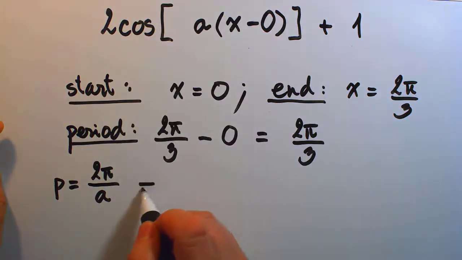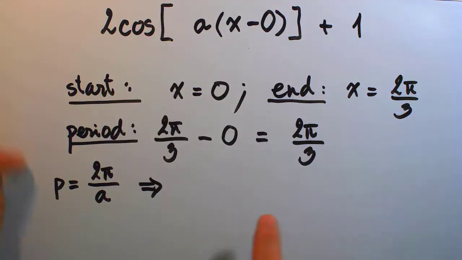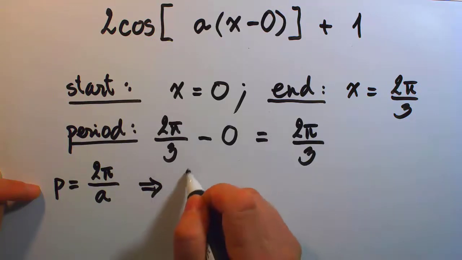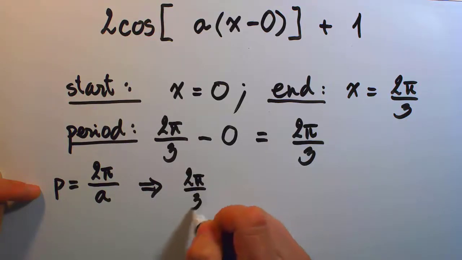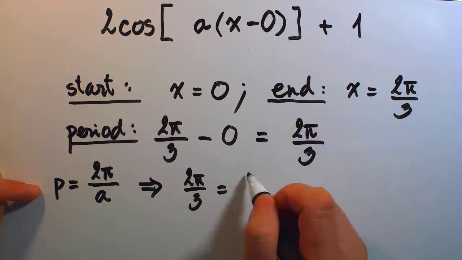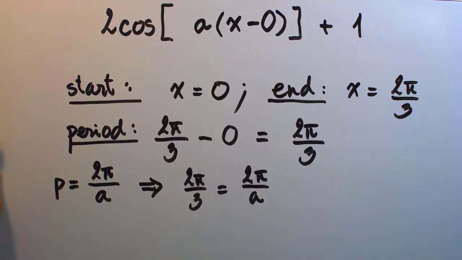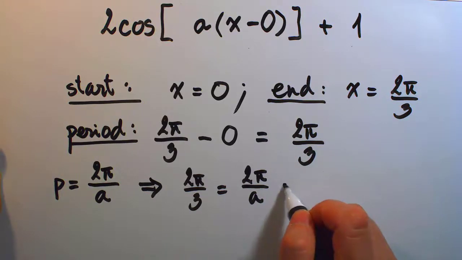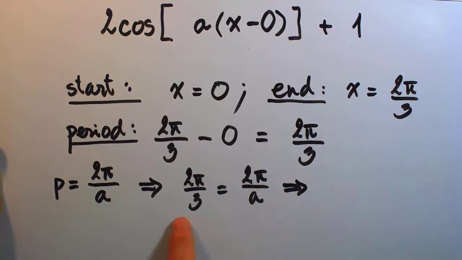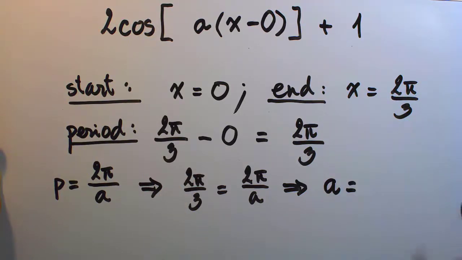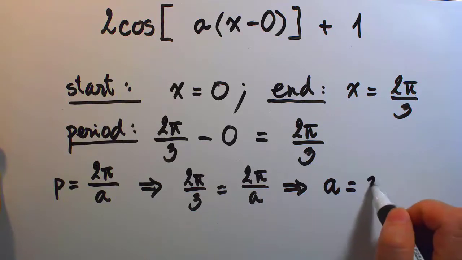So in this case, with our period previously found being 2 pi over 3, I am now going to set that equal to 2 pi over a, as suggested by the formula. Solving this equation for a leads to a equals 3.